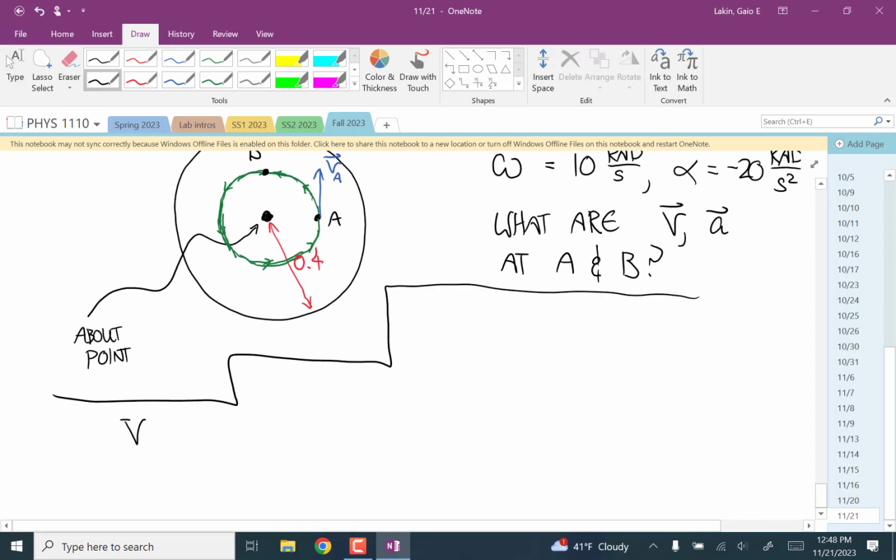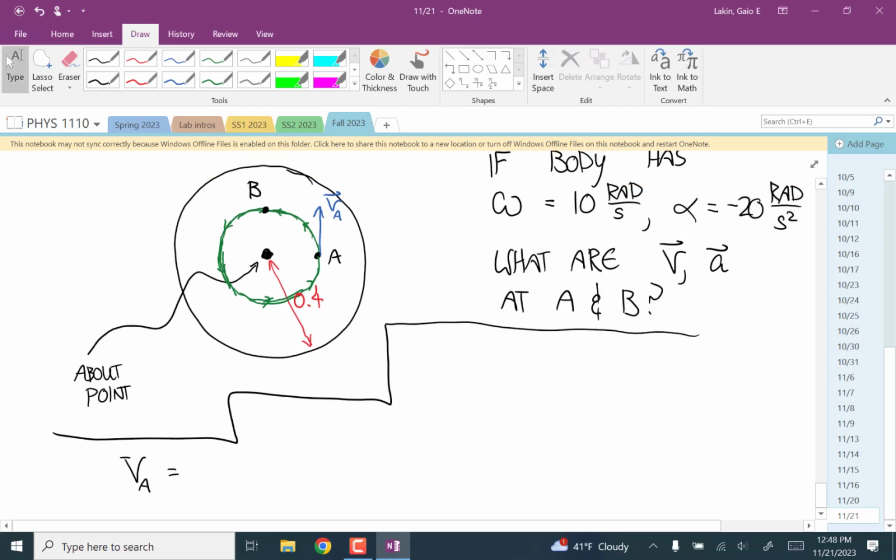The speed at point A is equal to the absolute value of the angular velocity, so 10, times the distance from the about point to A. What's that distance? 0.2, yep. And so this is 2 meters per second.